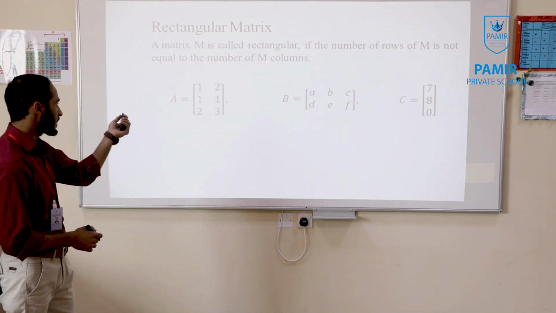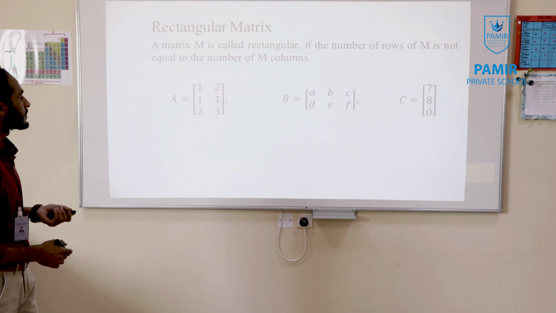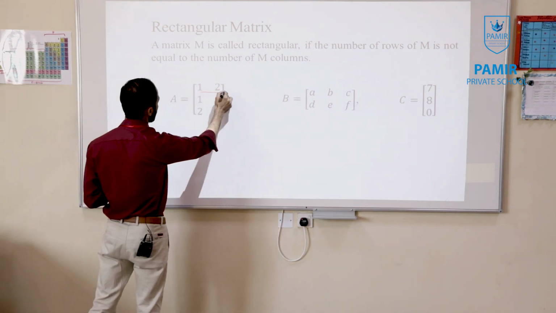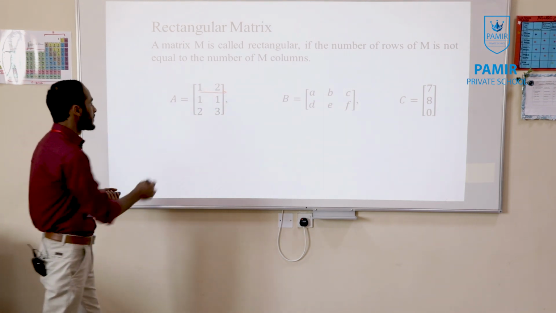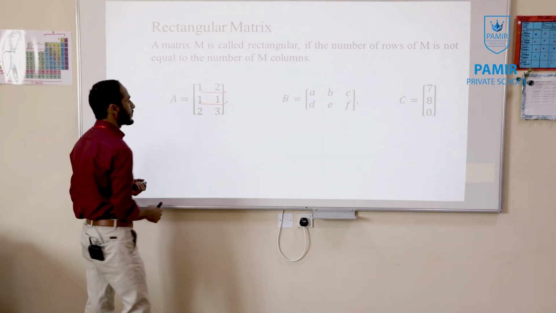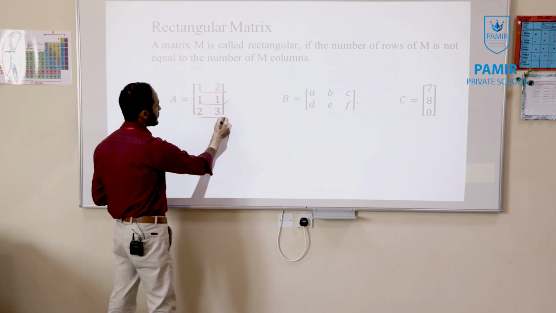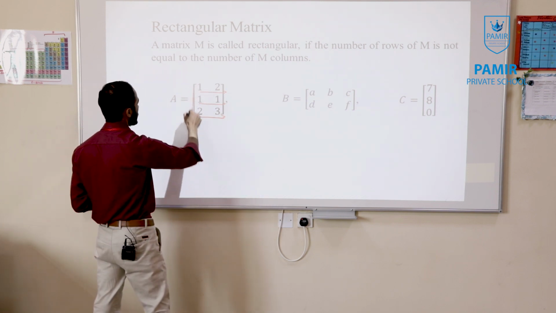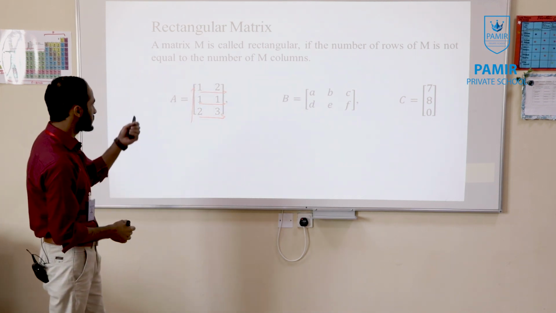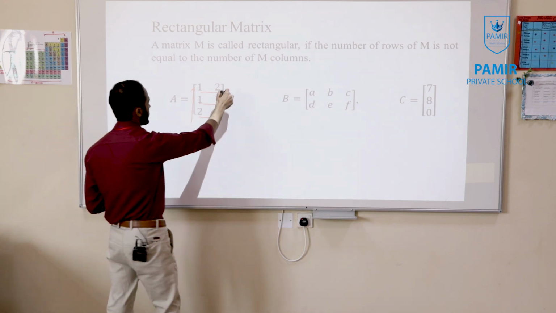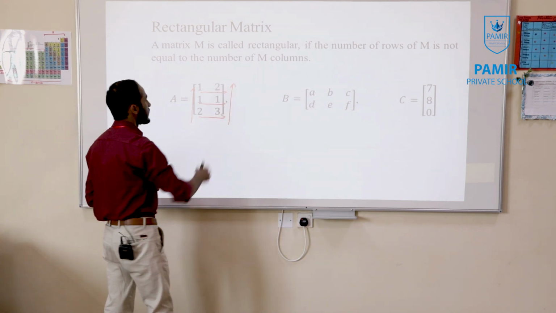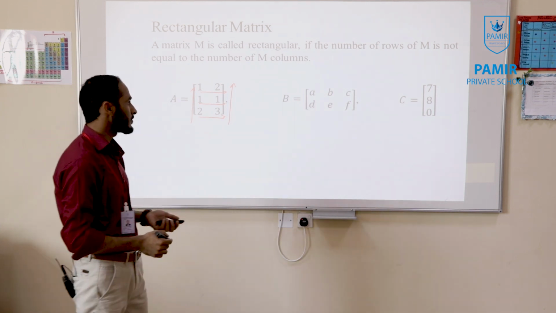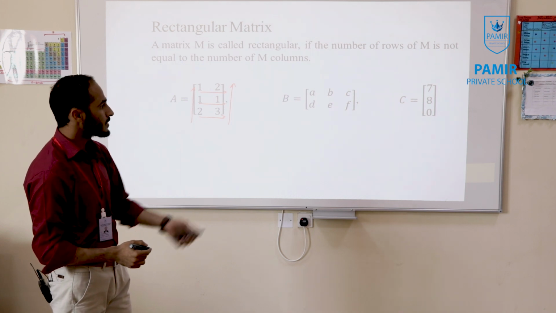The first one is matrix A. Here we have 3 rows: row 1 has the entries 1 and 2, the second row has entries 1 and 1, and the third row has entries 2 and 3, and we have 2 columns. The first column has entries 1, 1 and 2, and the second column has entries 2, 1 and 3, and similarly for matrix B and matrix C.